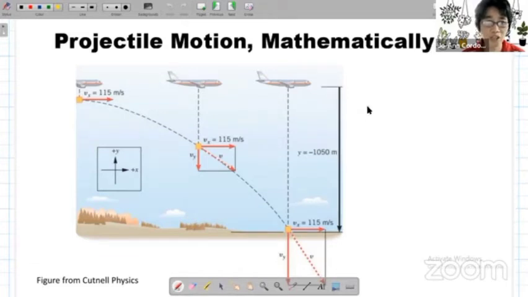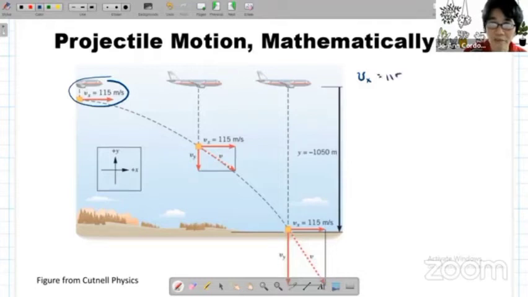So as an example, nakikita na ninyo dito na at the beginning, here, you can already see na nakalagay lang dyan ay v of x is equal to 115 meters per second. So we already know that in this case, velocity initial y is actually equal to 0, okay, from here.